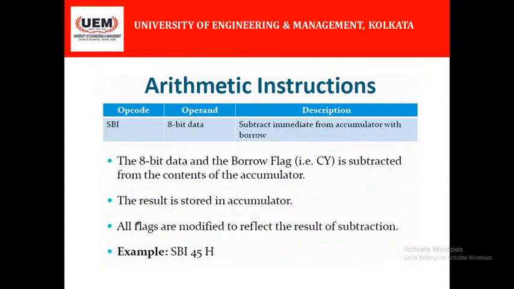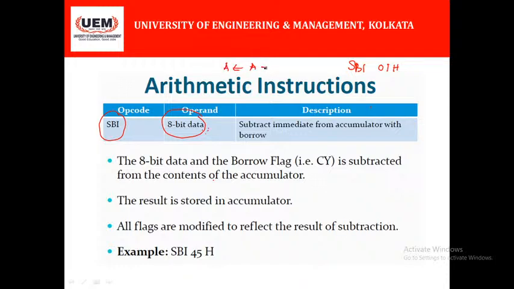But in case of SBI, we are not only subtracting the data directly or explicitly given in the definition of the instruction, but also we are subtracting the borrow as well. For example, say SBI 01H. What is the micro operation written for that?